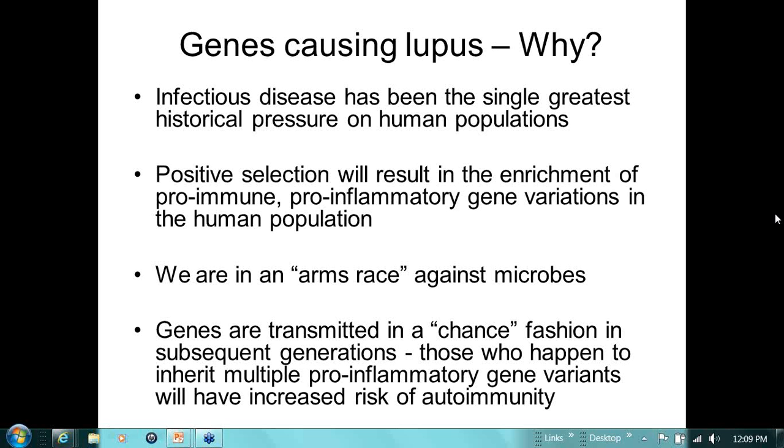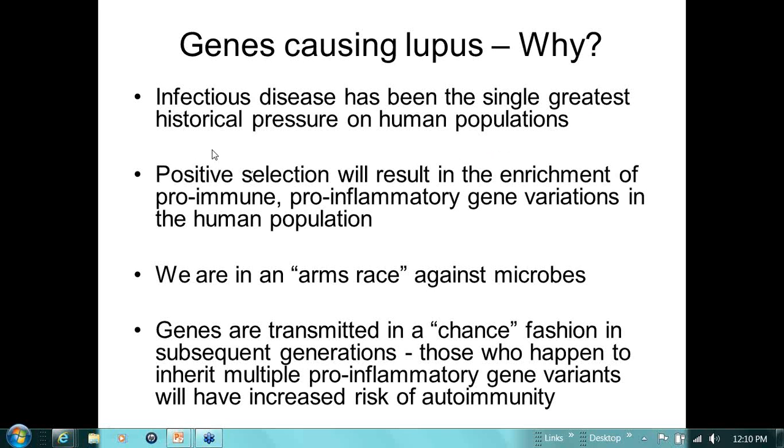It's always possible that someone may have bad luck and inherit too many of these, or inherit five of them that all work in a very similar way, and they all compound each other in one particular area of the immune system, resulting in a turn on of the immune system that can't be turned back off.